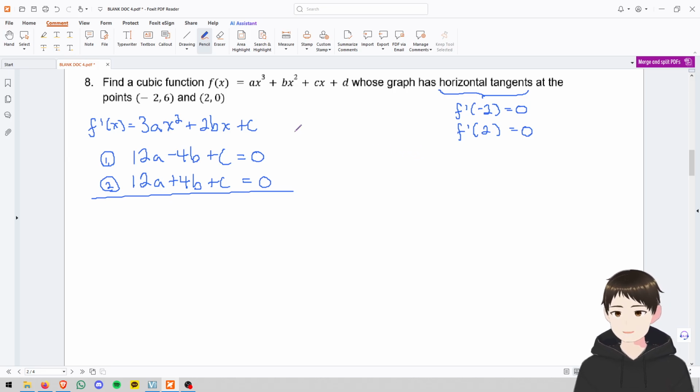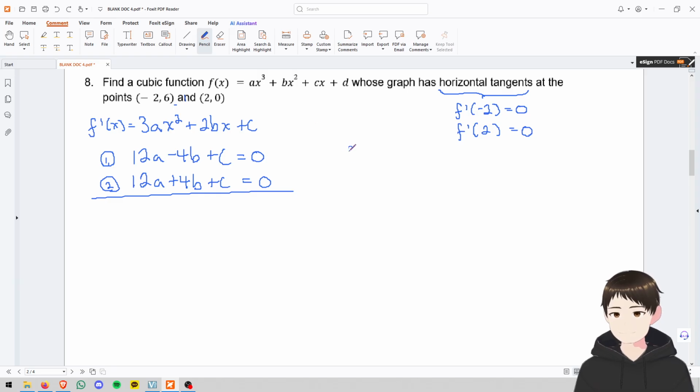What you didn't know, or what maybe you were distracted from because of the horizontal tangent business, is that they actually give you x, y points on the function. So in fact, if you go back, you actually have something more.